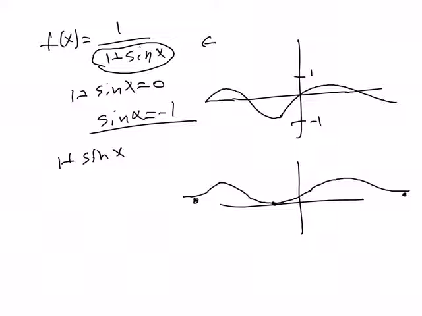But because 1 plus sine of x is always positive, since the least sine can be is negative 1, the least this can be is 0, so it's always greater or equal to 0. When we approach 0, we're always approaching it as a positive small number. So this is always going to be 1 over epsilon, where epsilon is very small but always positive.